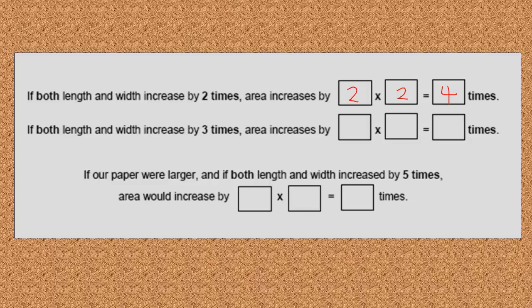If both length and width increase by 3 times, area increases by 3 times 3 for a total of 9 times. And if our paper were larger, and if both length and width increased by 5 times, area would increase by 5 times 5, which is 25 times as much area.